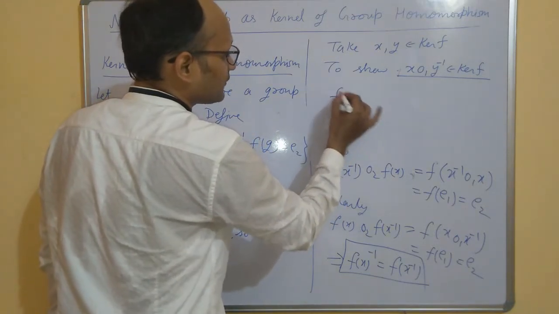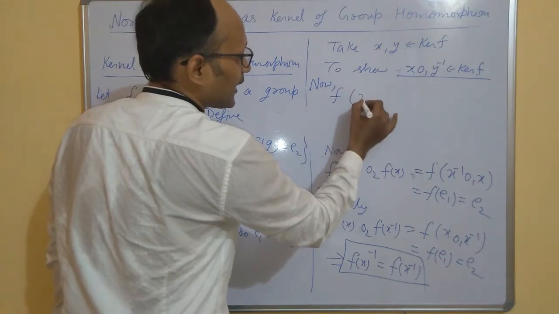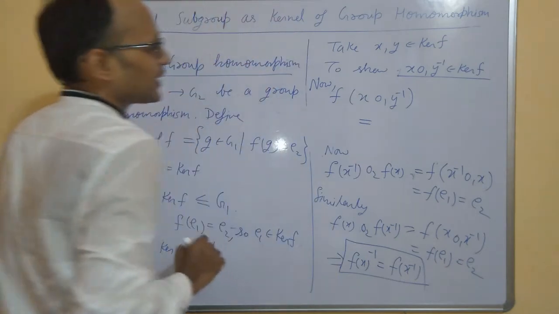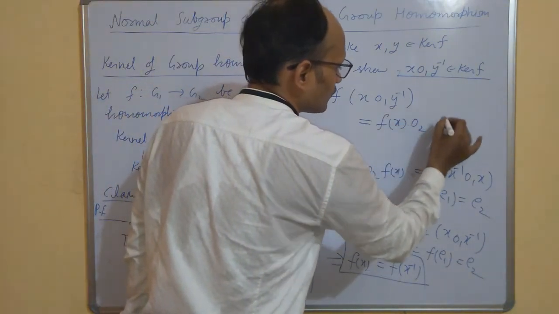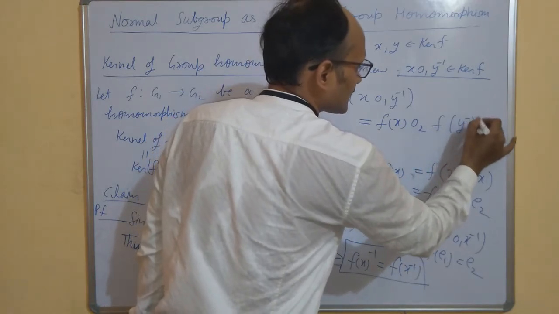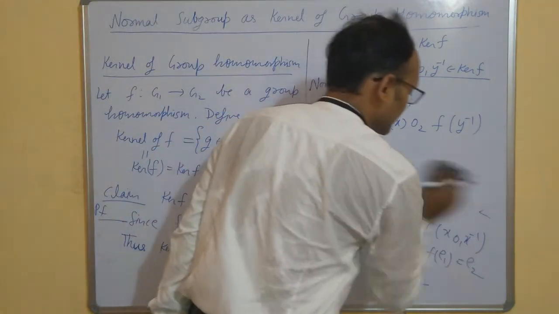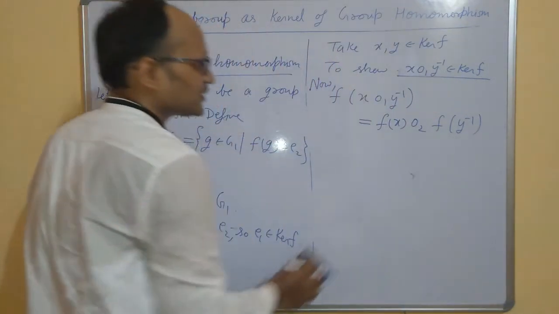So let us apply f now. f of x O1 y inverse is, by the definition of group homomorphism, equal to f(x) O2 f of y inverse. But we know that f of y inverse is f(y) inverse.